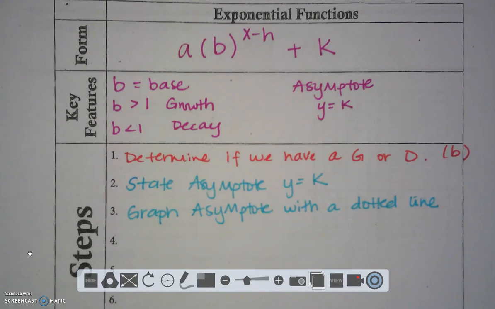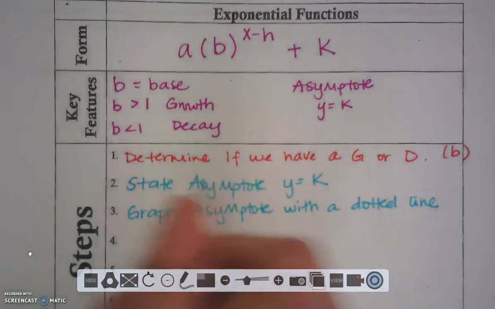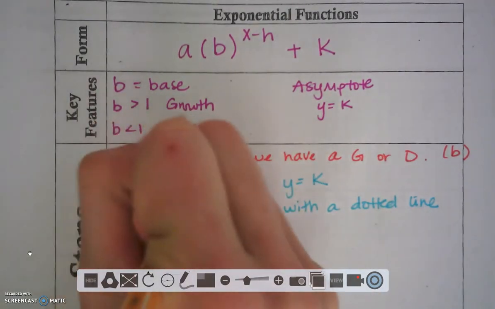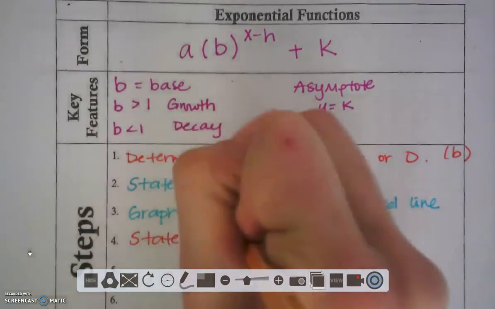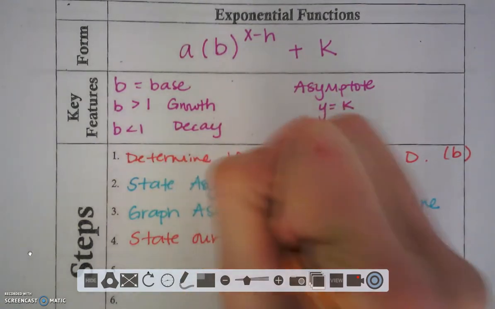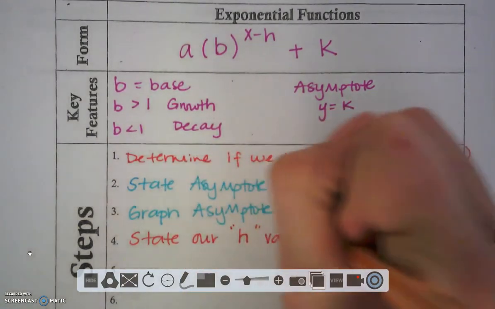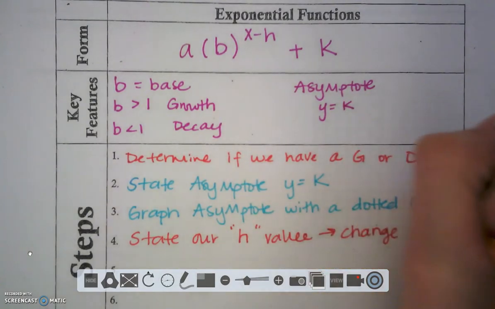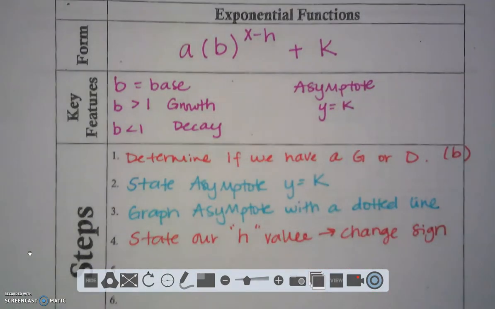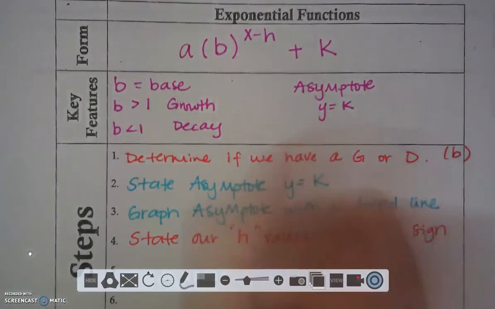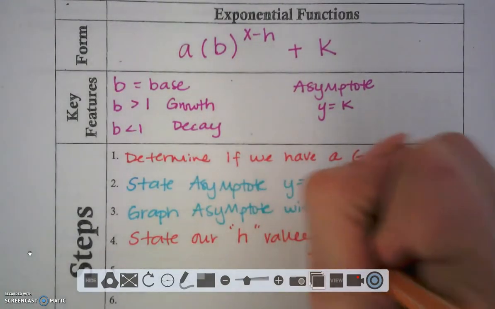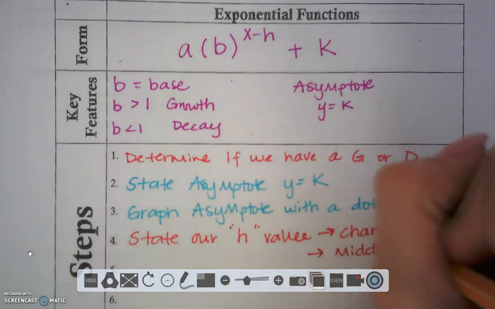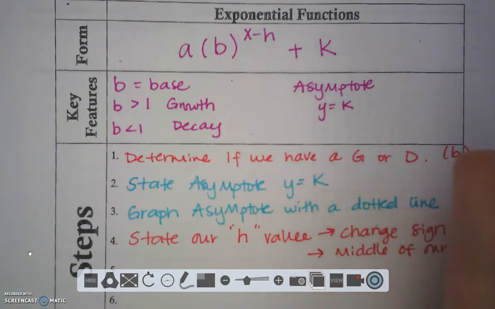Once we have done that, very similar to quadratics, we're going to state our h value. We're going to make sure we change the sign. And we're going to put it in the middle of our table.